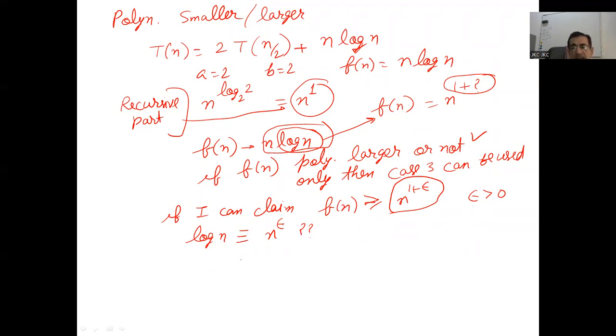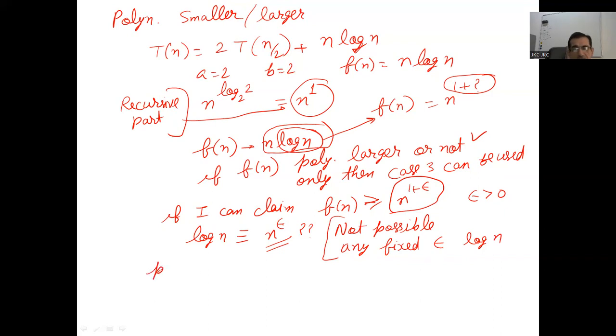It means log n can be considered like this, provided I can guaranteedly have some epsilon. But this is mathematically not possible. I am not able to claim any fixed value of epsilon which guarantees that log n will be growing.